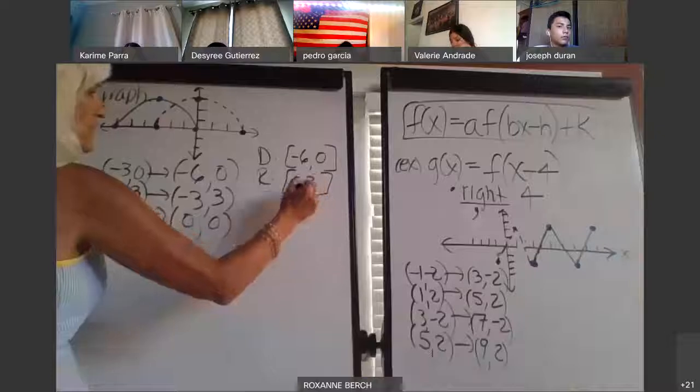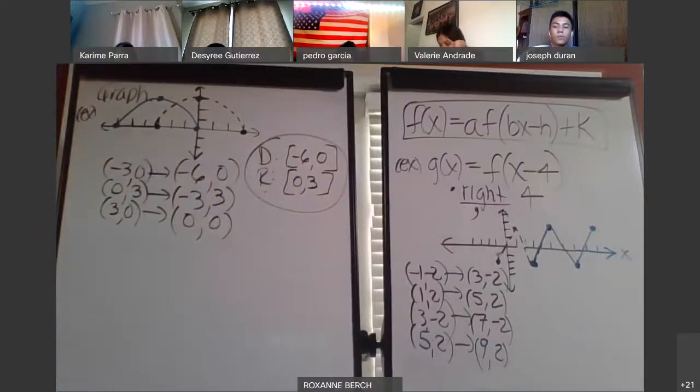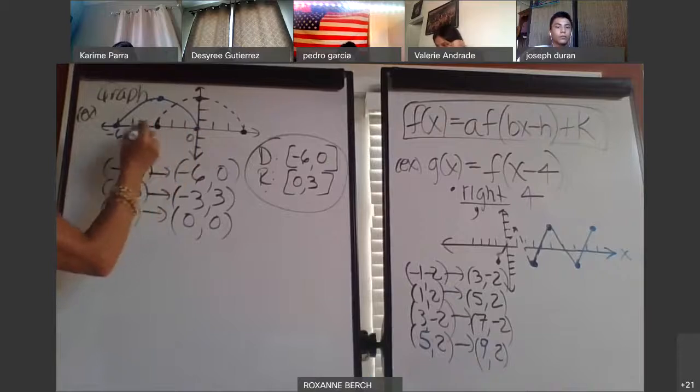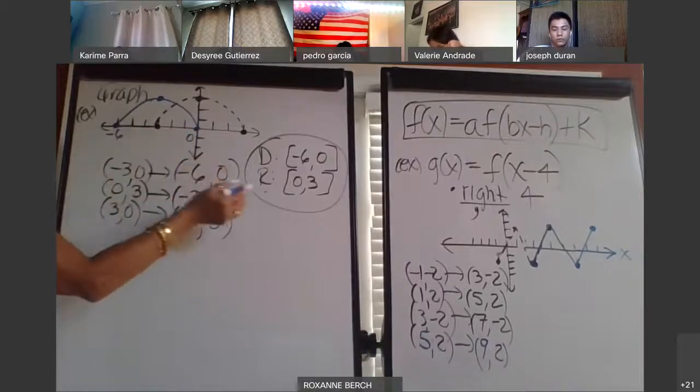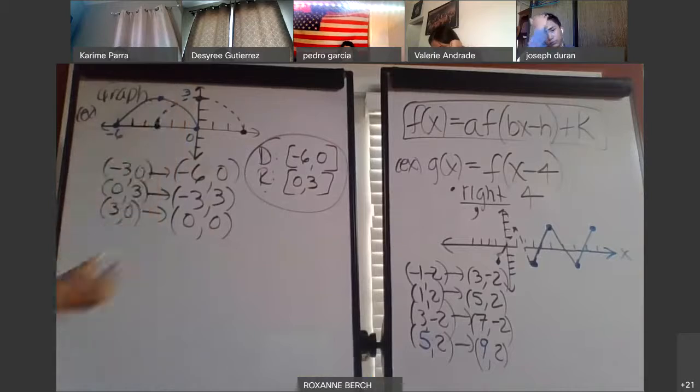Closed on 0 to 3, closed, right. So that's your domain and range. The range is closed on -6 to 0, and that's the domain. The range is 0 up 3.